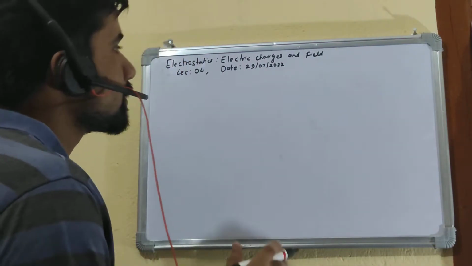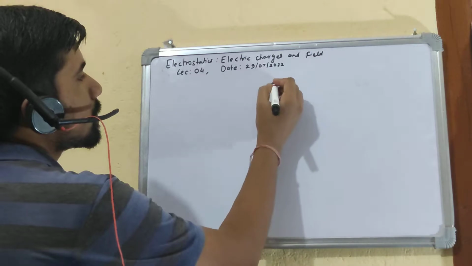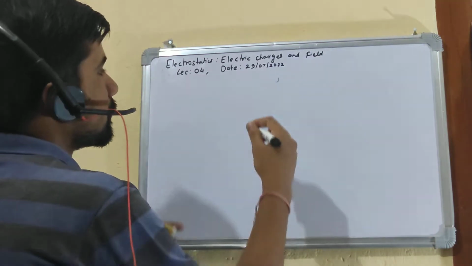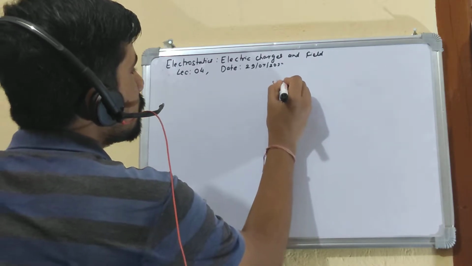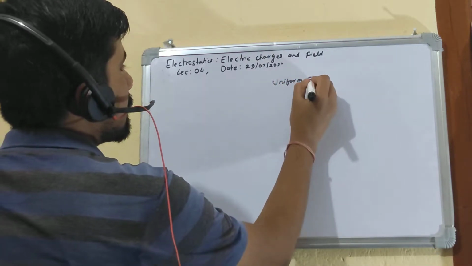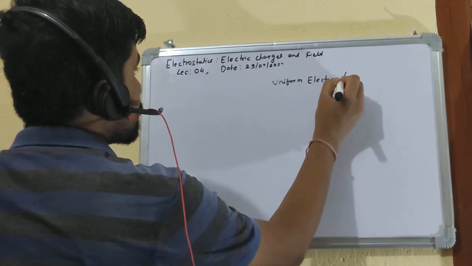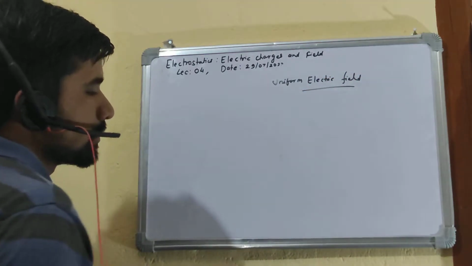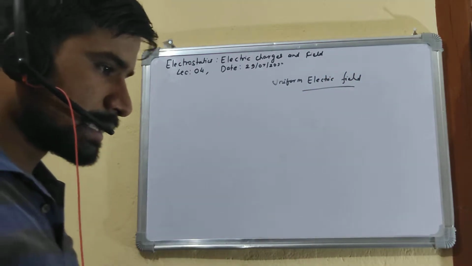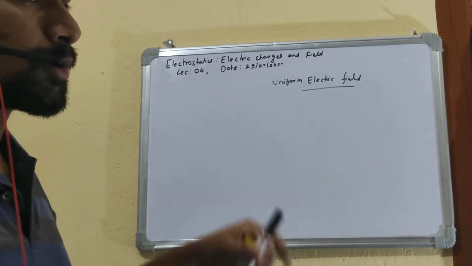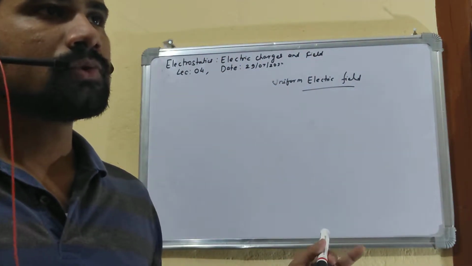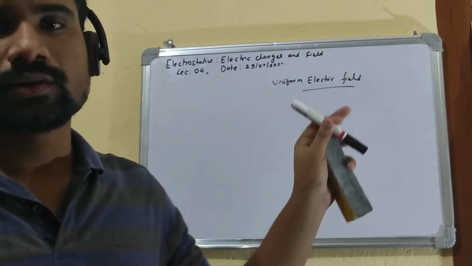So what is a uniform field? Let me talk a bit briefly about the uniform electric field. I said that as we move away from a point charge, the intensity of the field will go down, right?